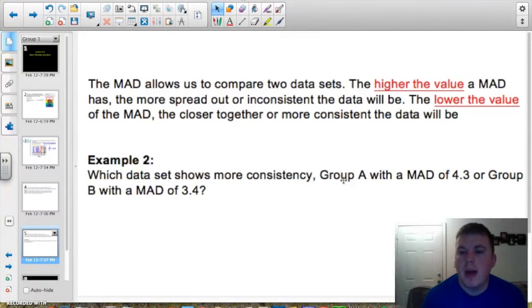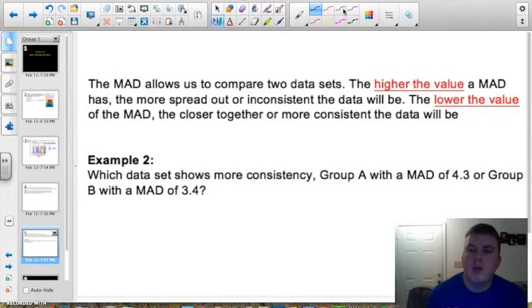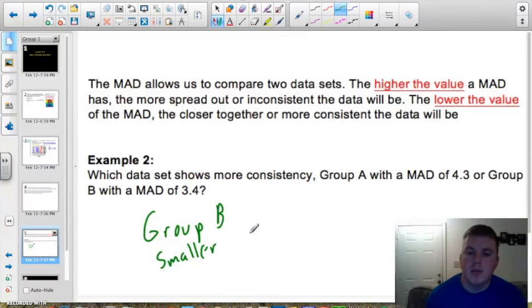When we look at Group A with 4.3 and Group B with 3.4, we're going to want the one that's smaller, which is of course the 3.4. So we're going to say that Group B has it because it has a smaller MAD, because 3.4 is of course less than 4.3.